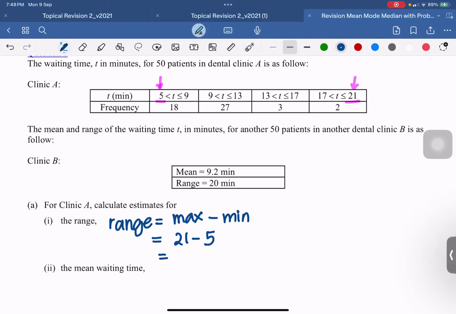Can you tell me the number? Or do I need to get a calculator? Quickly, can you tell me the number? Hello? So the range is 16 minutes.